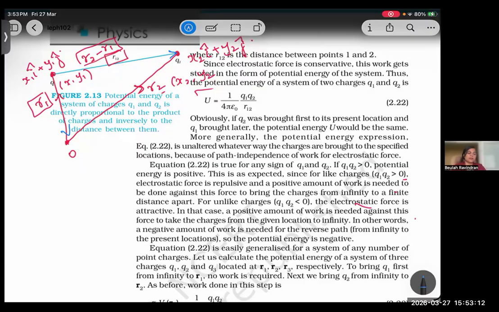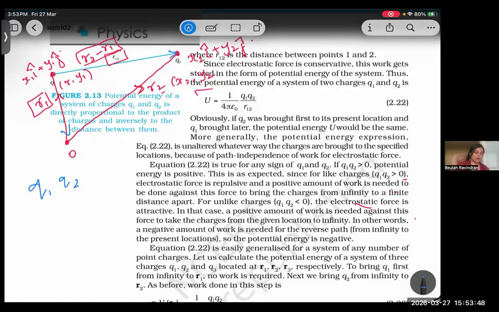How can you take this? Q1 Q2 is the matter. If these two charges are like charges, that is both positive or both negative, then in between these two they experience a repulsive force. If the forces are repulsive, then positive work is done, a positive amount of work, in order to overcome the repulsive force.